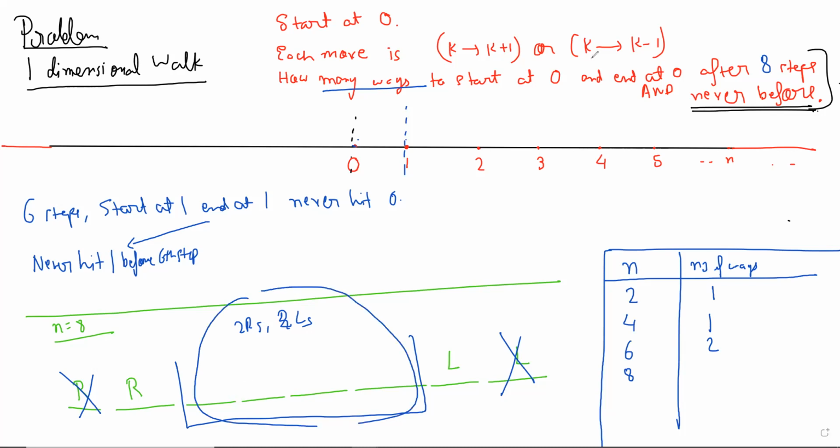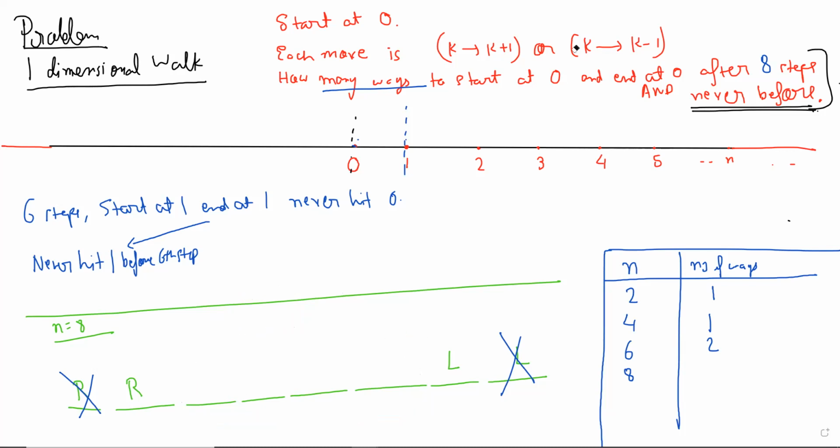Let me say that in a different way. If you look at this big chunk, where you have to start at 1 and end at 1, but then if you look at this case where you never hit 1 before the 6th step, well, isn't it just the same problem as start at 0, come back to 0 in 6 steps, but never hit 0 before the 6th step? It's just the exact same problem, right?